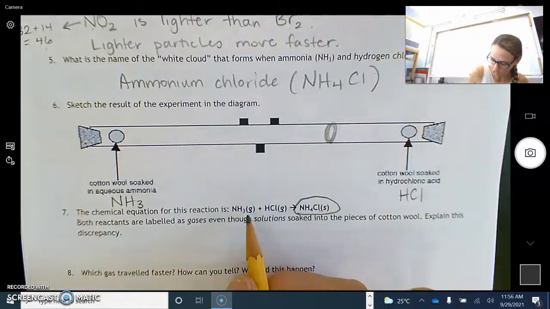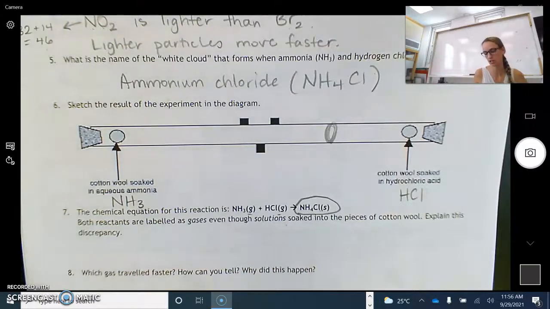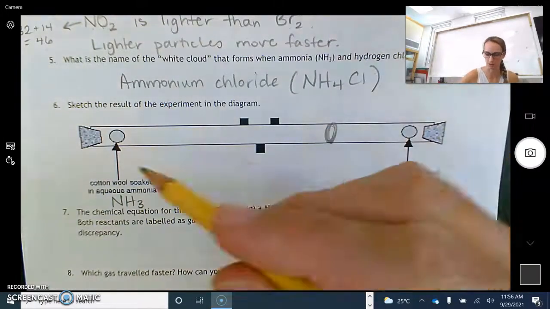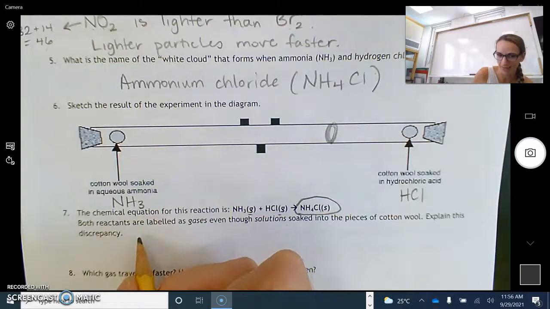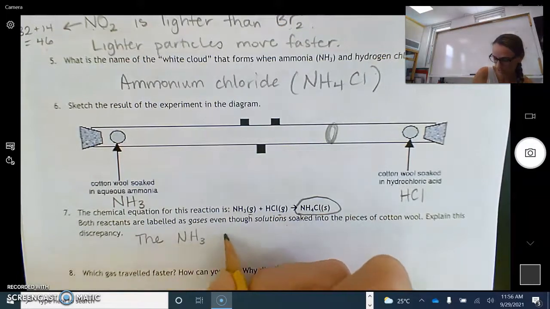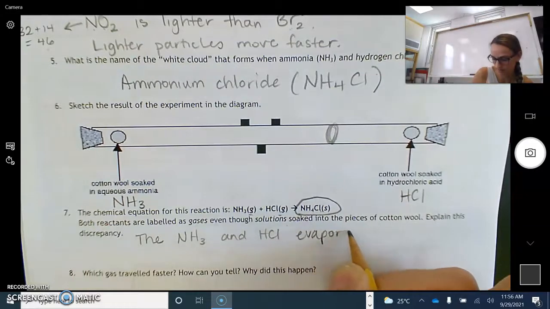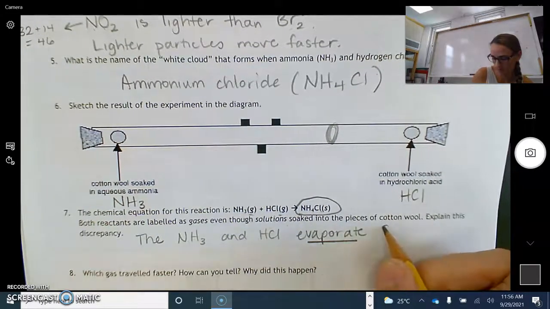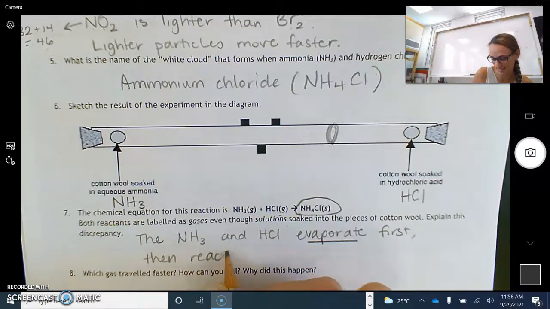Why are they labeled as gases when in the video they showed them as solutions? Well, it's because it's much easier to put them into the container as solutions. By the time they react, however, they have evaporated. The NH3 and HCl evaporate first, then react as gases.